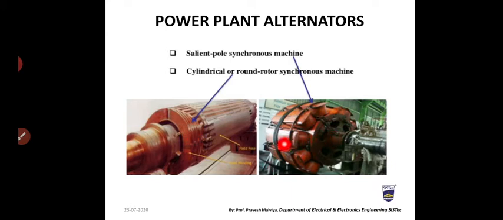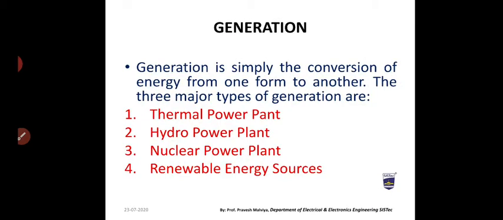But on the other hand, this projected pole rotor, that's salient pole, requires a huge amount of torque because of these heavy pole units. So the conclusion is, this salient pole rotor requires high torque and it rotates at low speed, and this cylindrical type rotor requires low torque and it rotates at very high speed. So now coming back to various power plants.